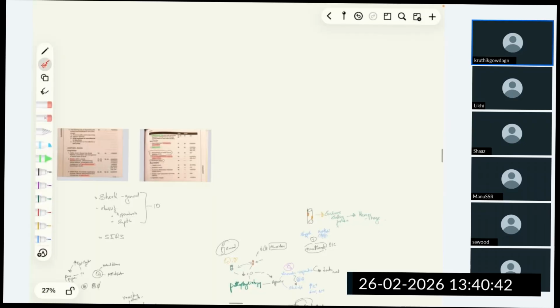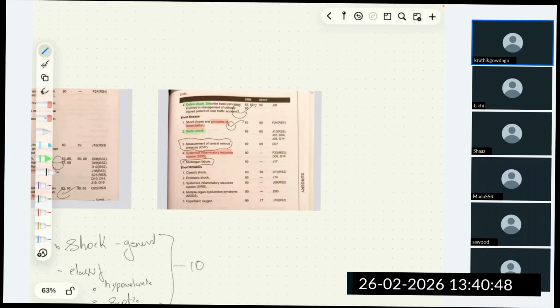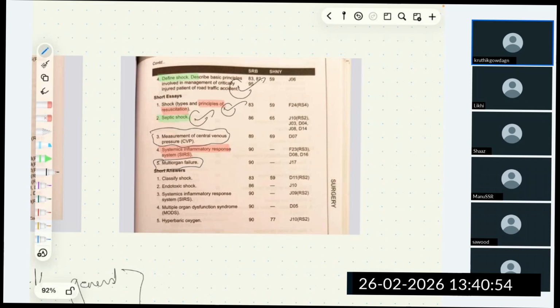Let's see the questions. We are finished with shock, septic shock. Principles of resuscitation, we saw. Septic shock, okay. Measurement of central venous pressure, I told you it's one paragraph. Please go through it. SIRS, systemic inflammatory response syndrome, is remaining. Multi-organ failure, we discussed these points so many times in septic shock and hypovolemic shock. It's already done.